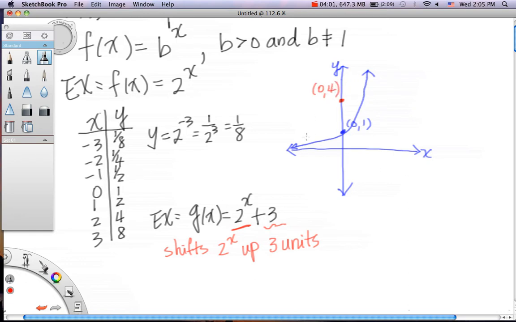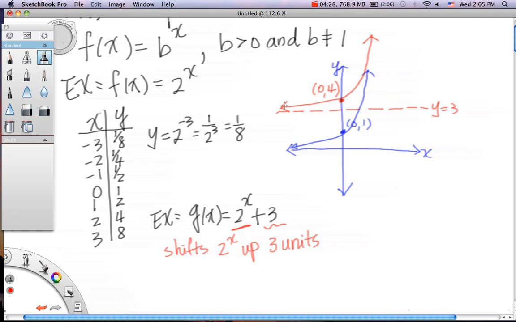Previously, the values of y were approaching the x-axis. Now it's going to approach the line y equals 3. The graph has exactly the same shape as before, and I apologize that the graphing is not as nice as it could be.